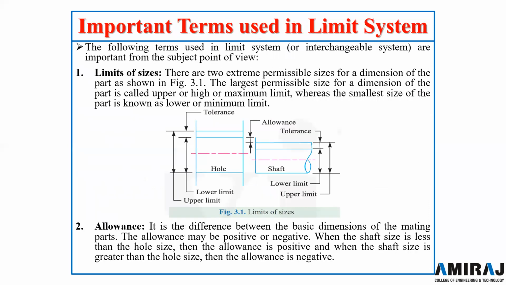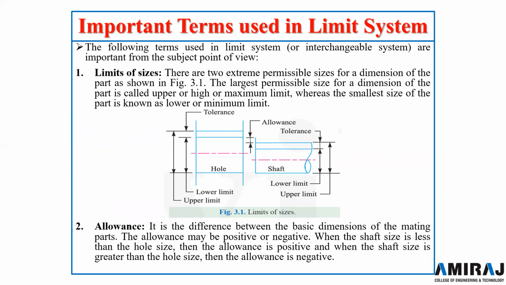Next, there are important terms used in limit systems. So we will start off with the various important terminologies you can see in the diagram. The following terms used in the limit system or interchangeable system are important from the subject point of view.